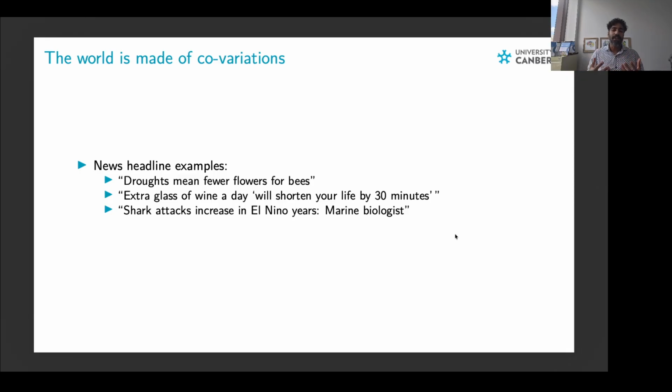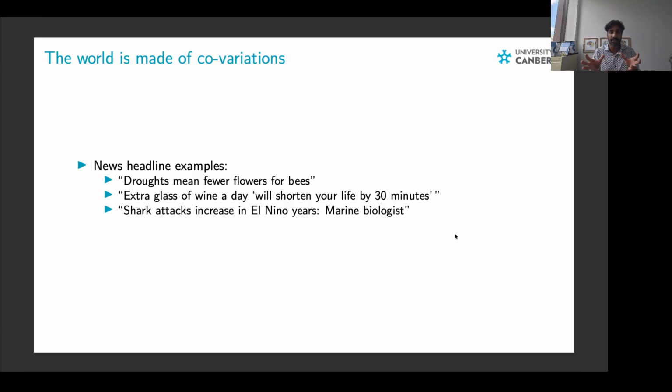So, I guess the point that I've tried to articulate thus far in this intro to this lecture is that the world is made up of covariations. As one measure changes, the other measure may change in either a similar or opposite direction. Here are some news headline examples: droughts mean fewer flowers for bees; an extra glass of wine a day will shorten your life by 30 minutes; and shark attacks increase in El Nino years, says a marine biologist.